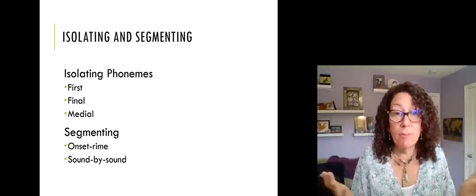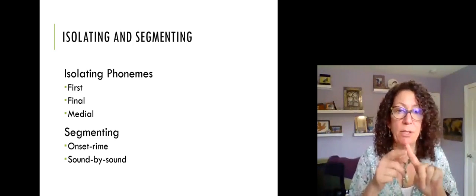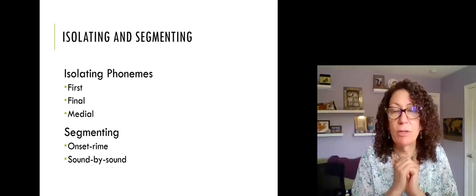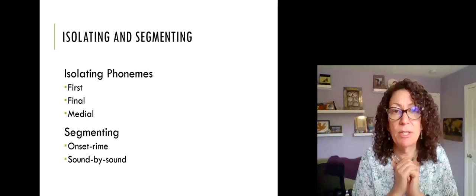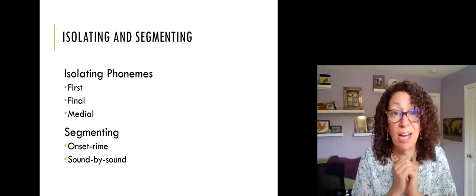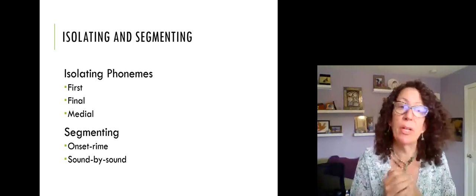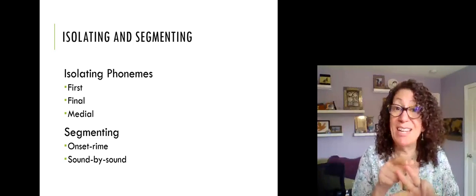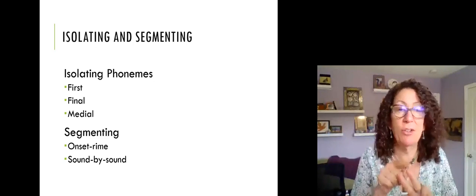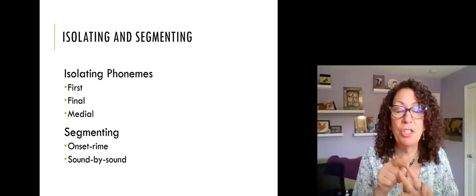But in phonemes, it only has 3 phonemes. L-A-K. I think O'Connor in her book used the example of fish. Fish has 4 letters, F-I-S-H, but it only has 3 phonemes because the S-H is a phoneme. It's 2 letters that make one sound together and you cannot separate them.